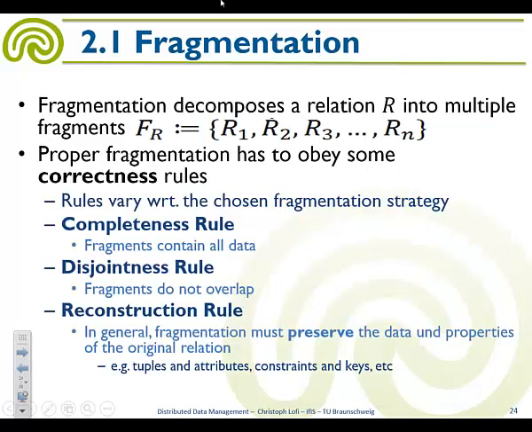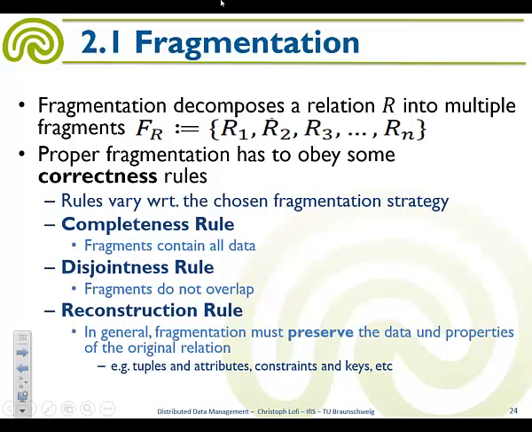Good. So, more formally, what does that mean? Okay, you have a big relation R, R for relation, and you do a fragmentation, which results in a fragmentation of R, which consists of multiple relations R1 until Rn, which obey certain rules.